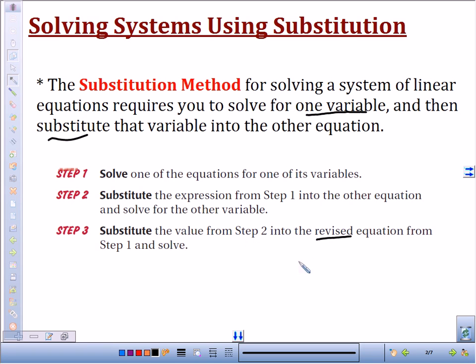Usually the revised equation is easier, but not necessarily. By revised equation, what I mean is the equation that we got from step 1. Now, it's a lot of information to take in, so let's do some practice problems to see exactly what I mean.